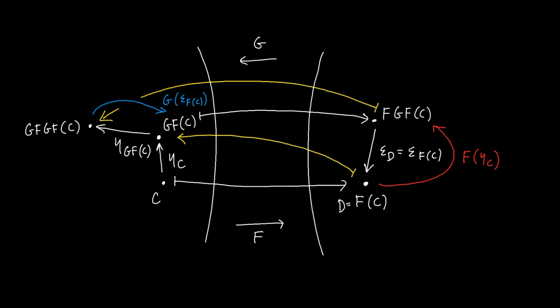But at the same time, I have another approximation on the right side, the one that goes the other way around. And so maybe I want these two approximations to be reversible processes.